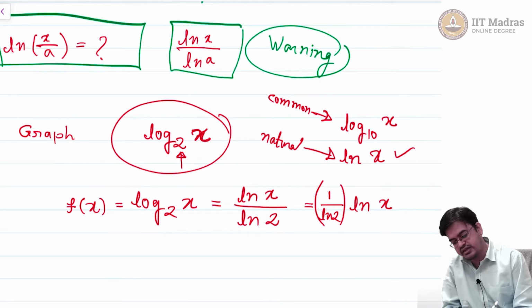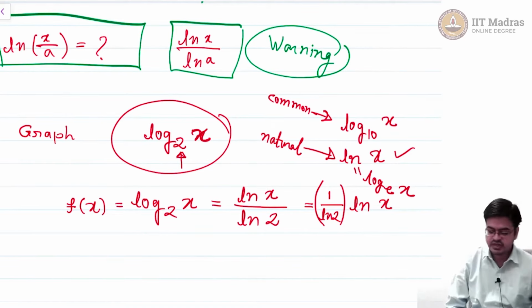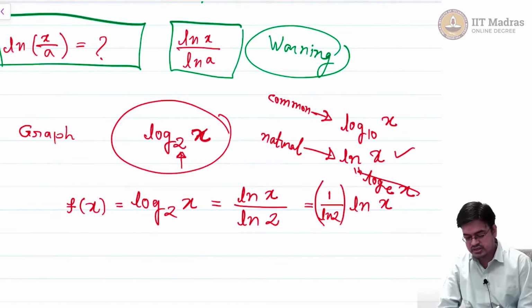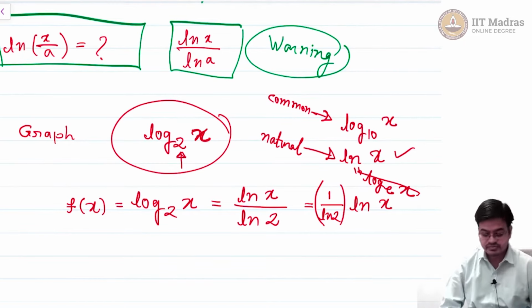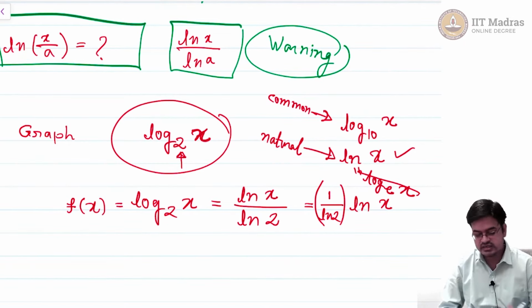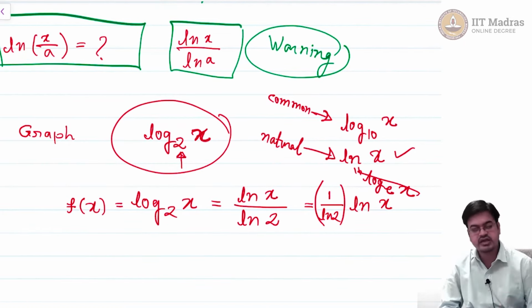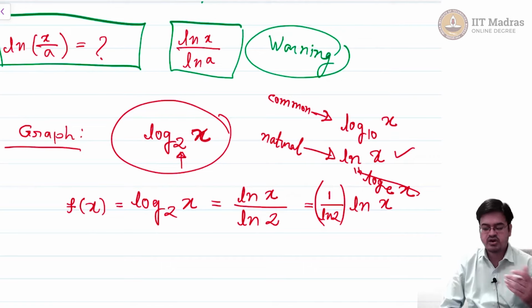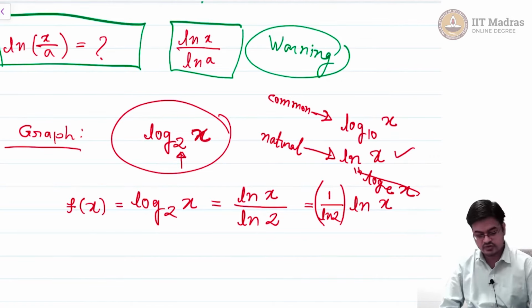And once again I reiterate, ln means log to the base e of x. It is a standard convention in mathematics to write this as ln. So this is the simplest application of graphing a log function of any base.